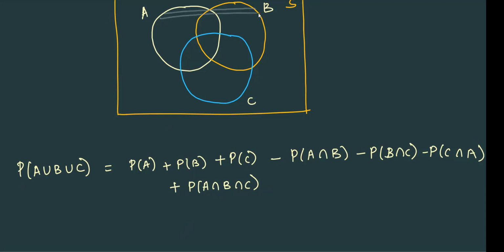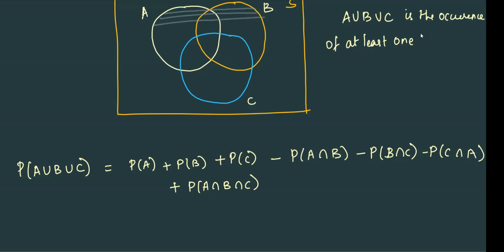It is at least one of A, B, and C. So we can write that A union B union C is the occurrence of at least one of A, B, or C. So this is the shaded portion.